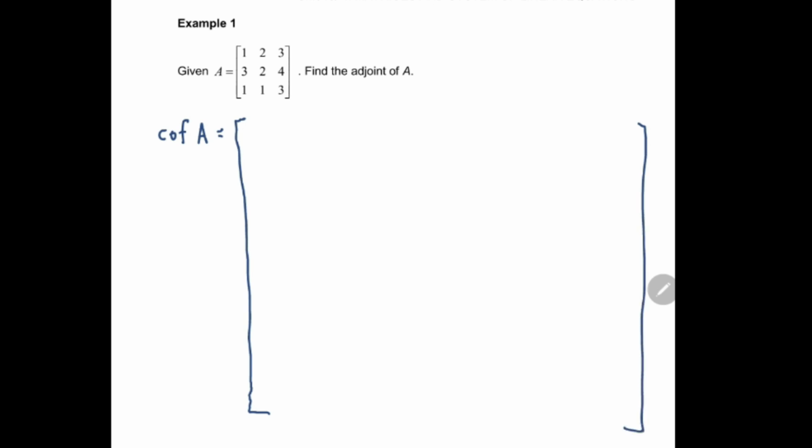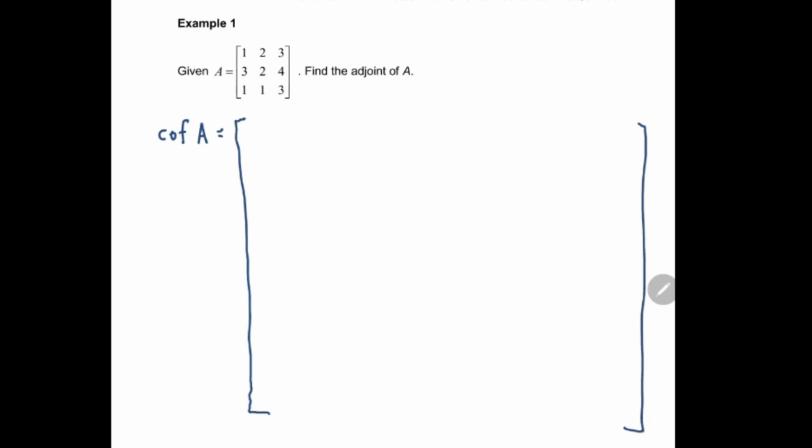Okay, we look at the first example. Given matrix A, 1, 2, 3, 2, 4, 1, 1, 3. Find the adjoint of A. So what we need to do is first find the cofactor matrix of A. So I write it in matrix form like this.